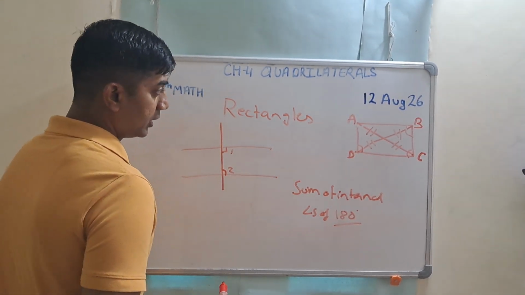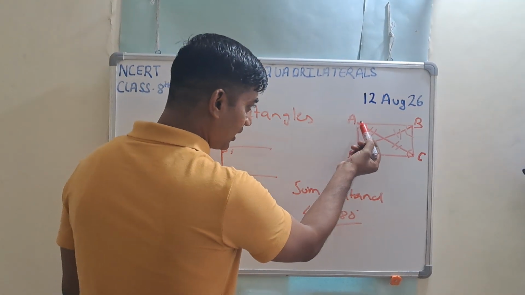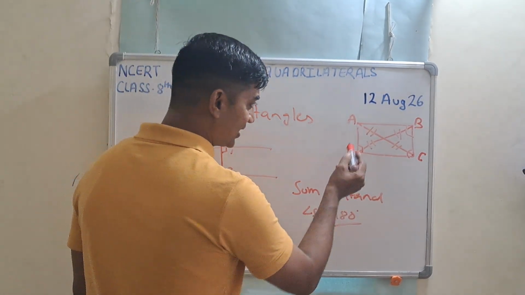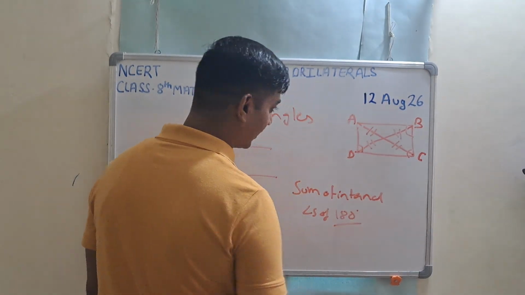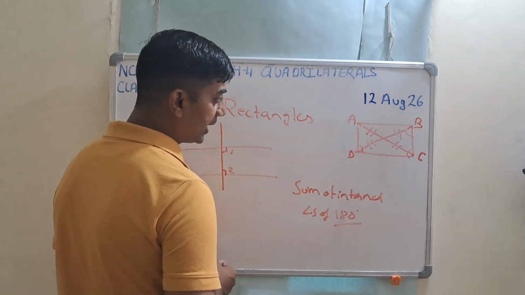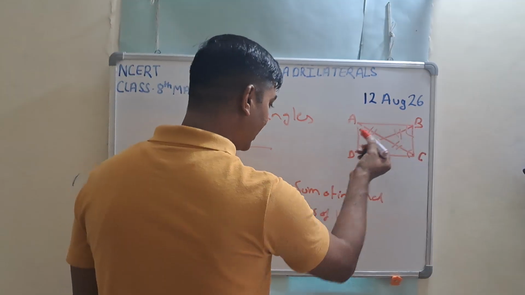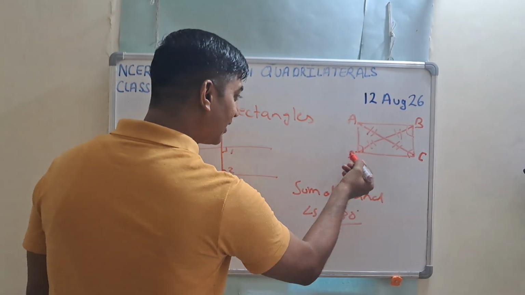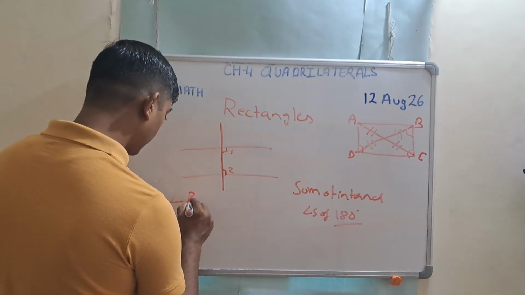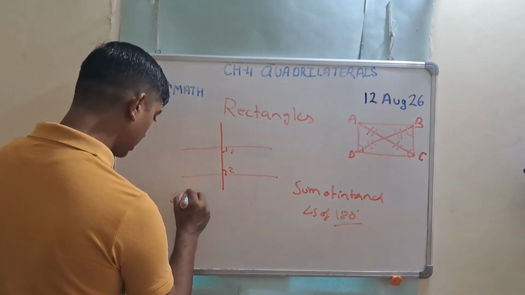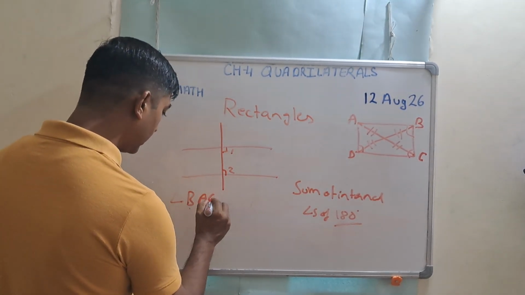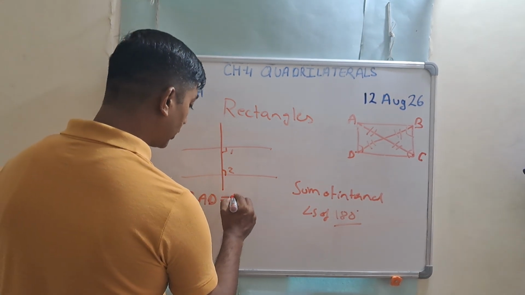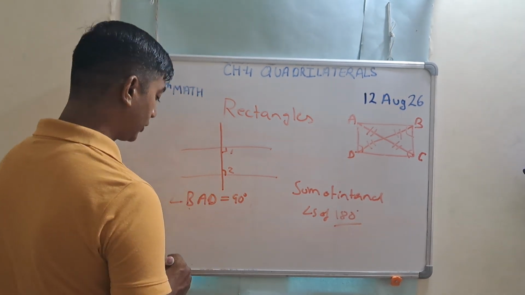Now see, if we take AB and DC and we look at this internal angle and this internal angle, what do we come to know? That angle BAD is equal to 90 degrees. Understood?